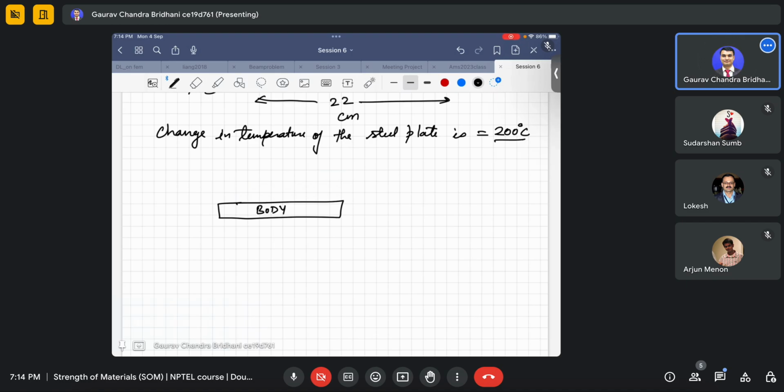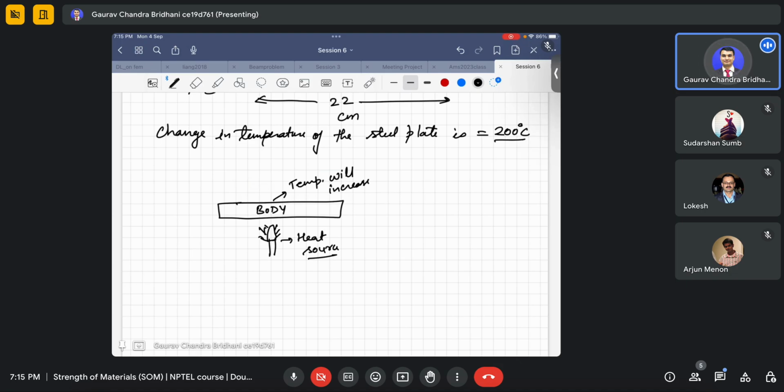If you put a heat source to this body, its temperature will increase. When the temperature increases, this body will also increase in length, because of the alpha value, it will change its length.